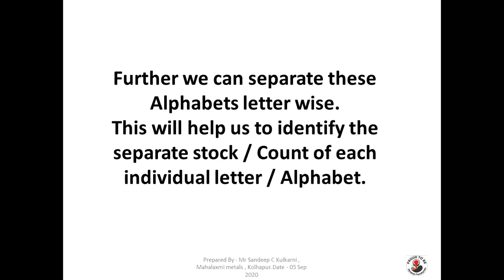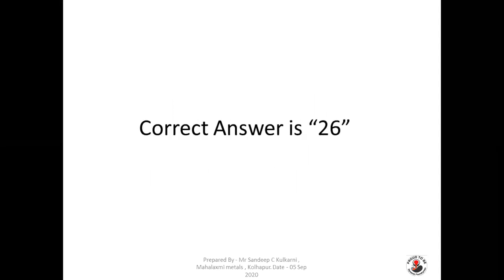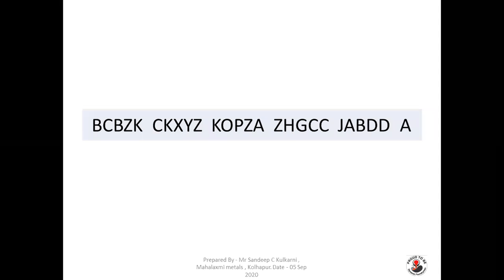Further, we can separate these alphabets later, and this will help you to identify and separate the stock of each individual letter. For example, a customer asks you for an order of X or B or C individually.